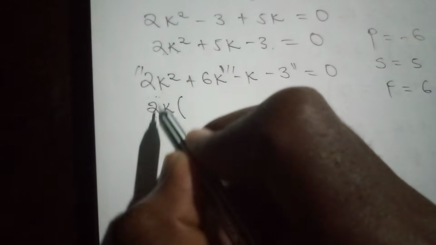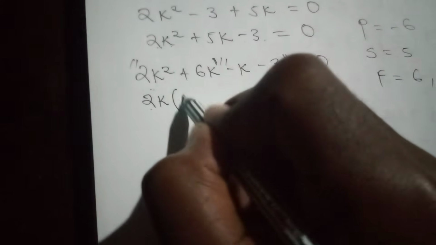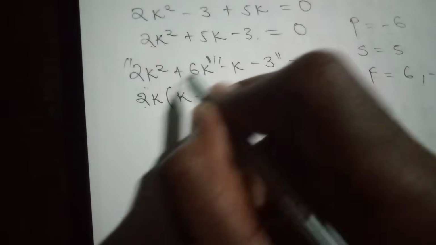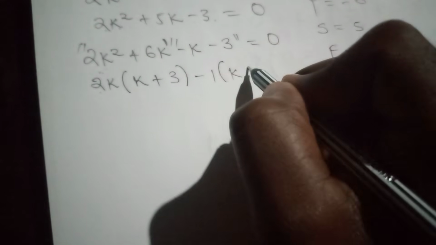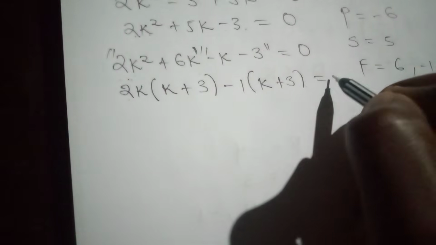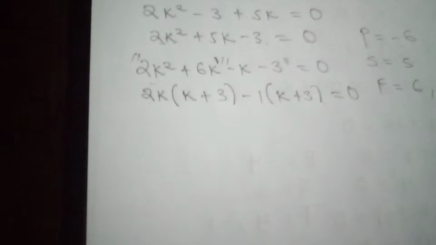When 2k is divided into that value, I'm going to remain with k plus 3. What is common there is negative 1. Open brackets, k plus 3 is equal to 0. From there, same procedure, I couple these two, that is 2k minus 1, then k plus 3. Since these two are common, just get one, is equal to 0.